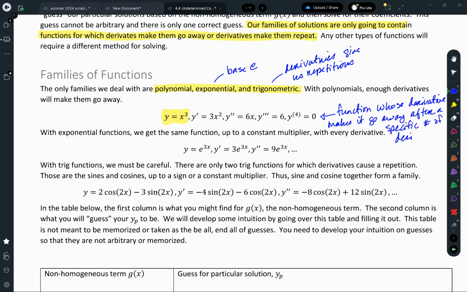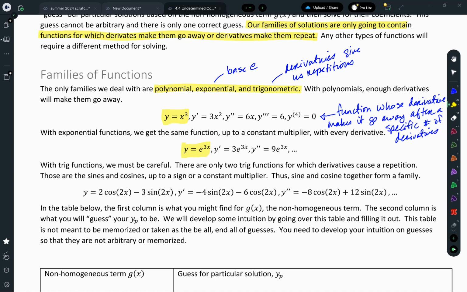So polynomials are good functions because over time, as we continue to take derivatives, they end up going to zero. With exponential functions, we get the same function up to a multiplier with every derivative. So here, if y is e to the 3x, then y prime is 3e to the 3x, y double prime is 9e to the 3x, y triple prime would be 27e to the 3x.